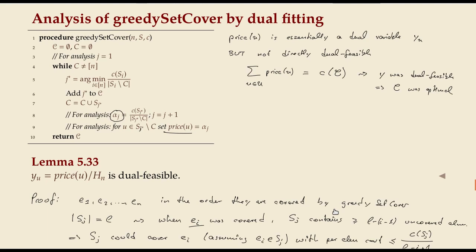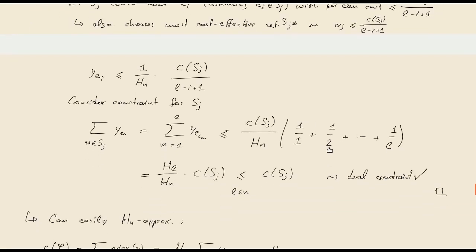Intuitively, it was just a natural idea to take this cost effectiveness as the measure according to which you order the sets and pick them greedily. But coming from the primal-dual perspective, it's actually a very natural way that you should assign the elements a certain price and then try to make this price fulfill this inequality.